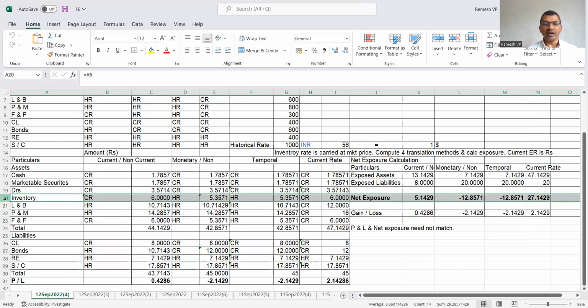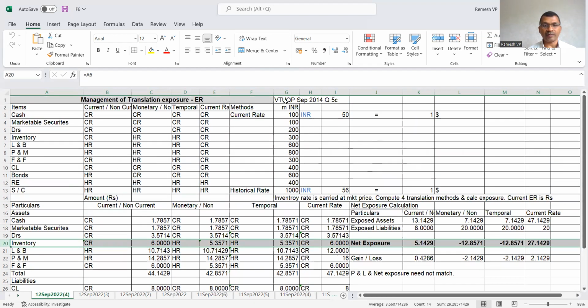And the temporal method is more or less similar to monetary and non-monetary. So we take those exchange rates, current rate or historical rate, as prescribed per method, and then calculate the applicable exchange rates against the amounts given here.